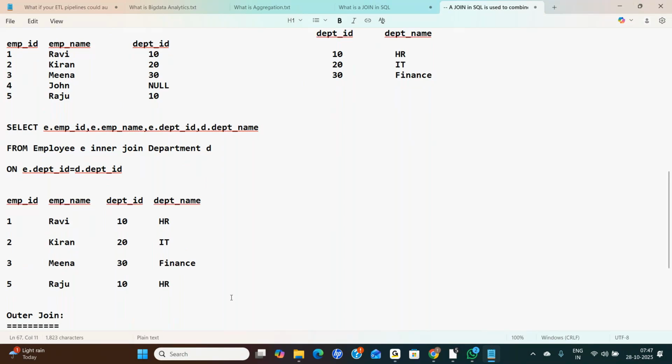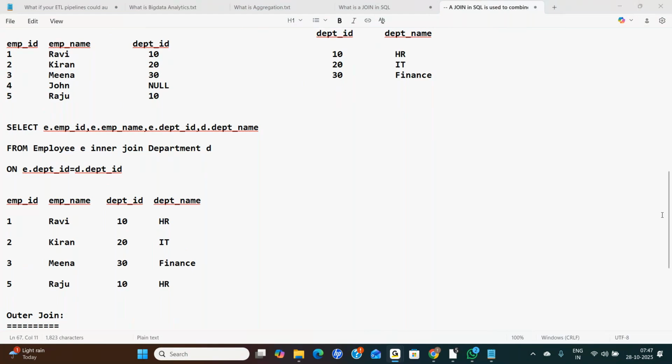An outer join produces matching records plus unmatched records. Unmatched records also. Guys, remember, an inner join produces only matching records.